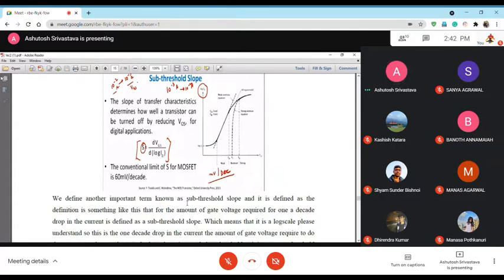So S is equal to del VGS upon del log of ID, and for a silicon based traditional MOSFET transistor has a physical limit of 60 millivolts per decade.